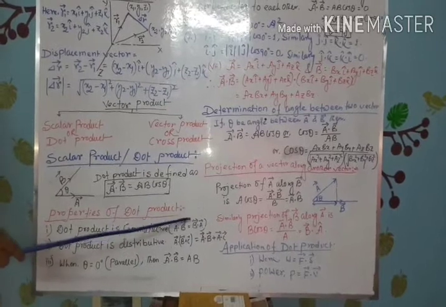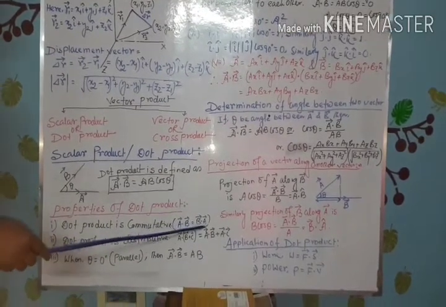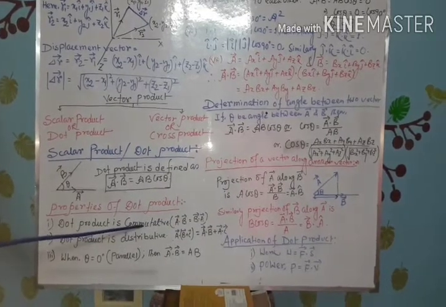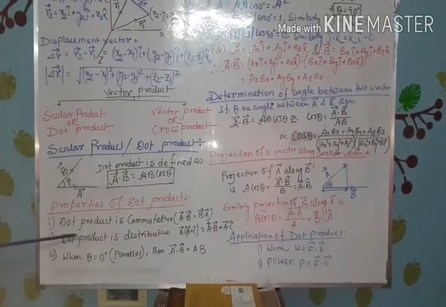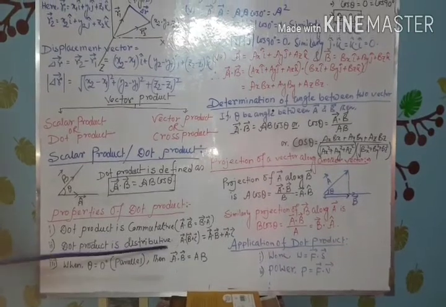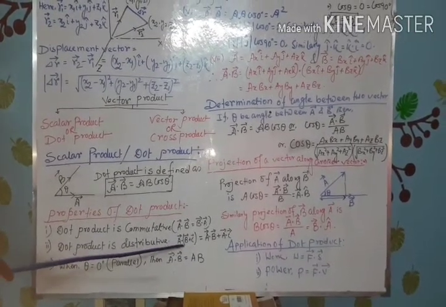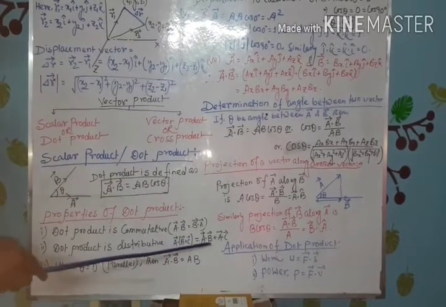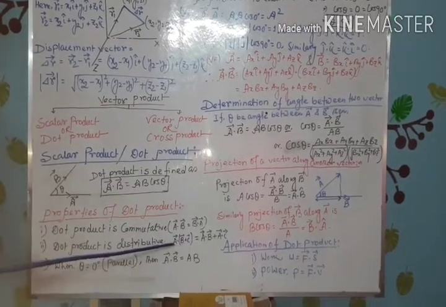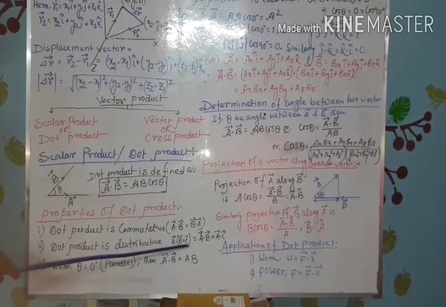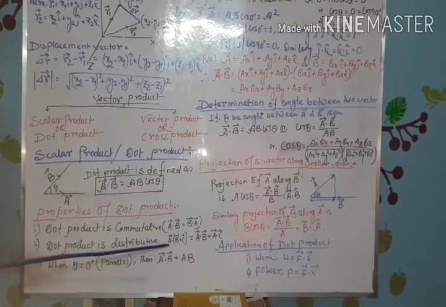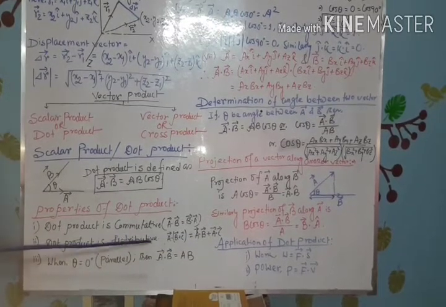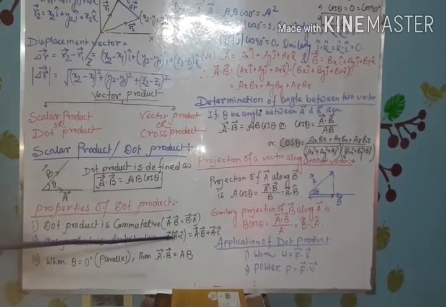So during the dot product, the position of the two vectors may interchange and that property is called the commutative property. Next, dot product is distributive. See the statement A vector dot within bracket B plus C equal A dot B plus A dot C. A dot is distributed with B vector and C vector and the result of LHS and the result of RHS are equal. That's why we can say the dot product is distributive.